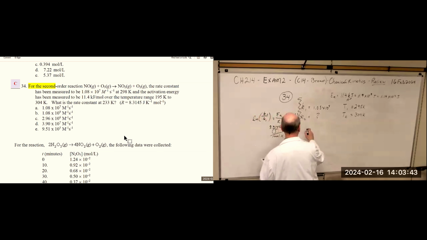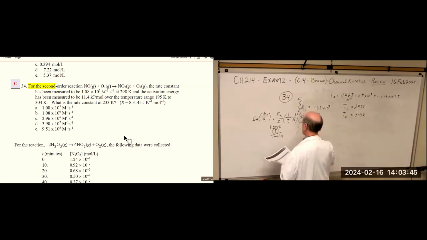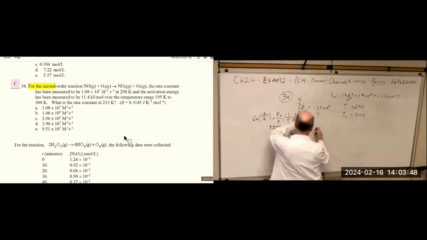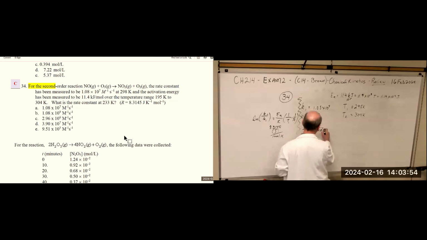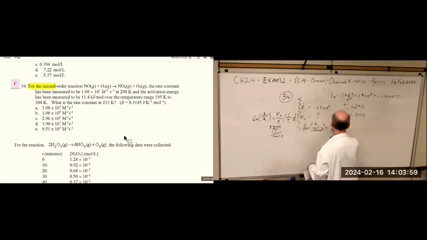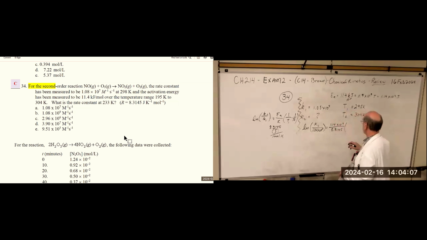Okay, so the natural log of K2, which we don't know, divided by K1, 1.08 times 10 to the 7th, equals 1.14 times 10 to the 4th divided by 8.3145. And then the temperatures we do know. The first temperature is 298 and the second is 304.